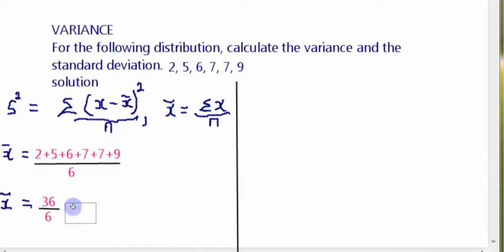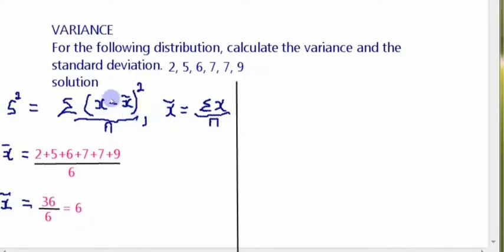And 36 divided by 6, of course, is 6. So that means that our mean is 6. So we have computed the mean as 6.